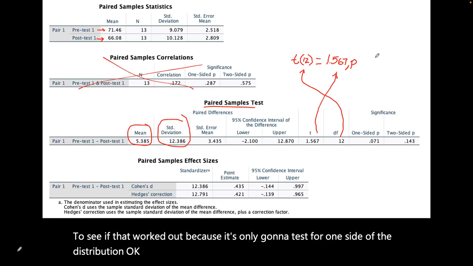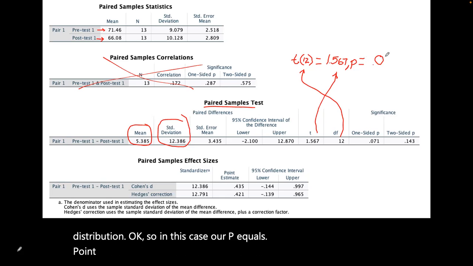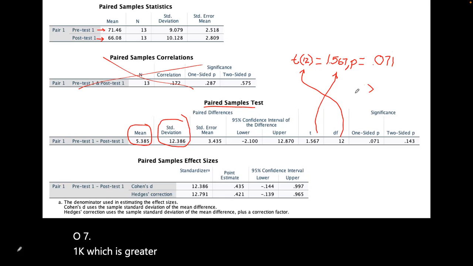So in this case, our p equals 0.071, which is greater than 0.05.